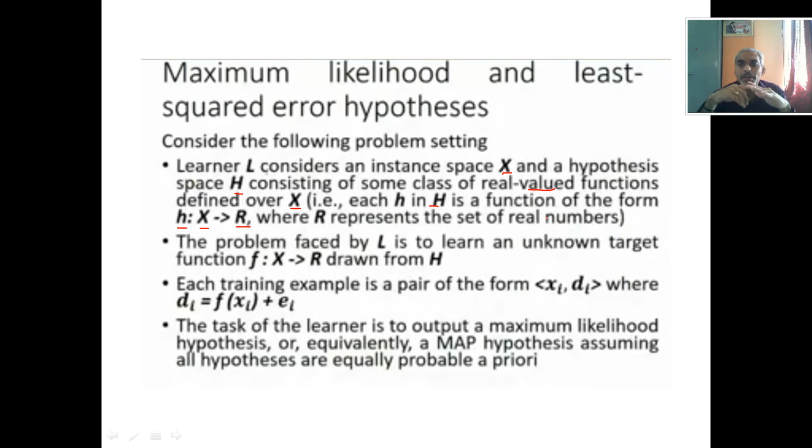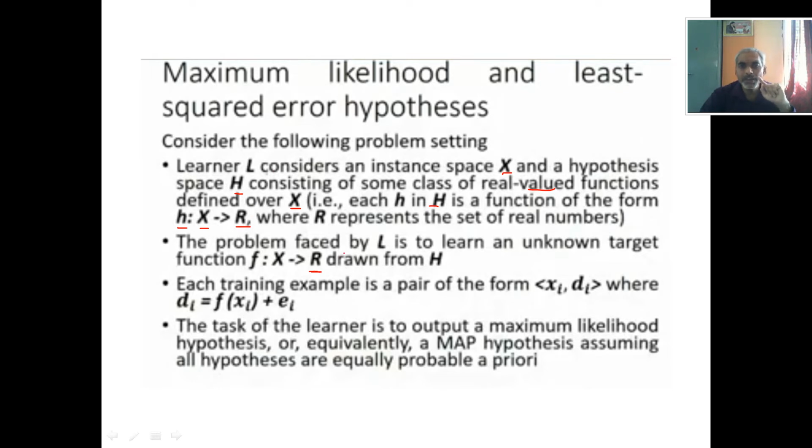Based on all those parameters, your learning program is going to predict the price of this car, which is very old, when you want to sell it in the market. It predicts that the price is 1,25,000. So 1,25,000 is the output R, the real valued function output. This is how we are going to consider a learning problem.